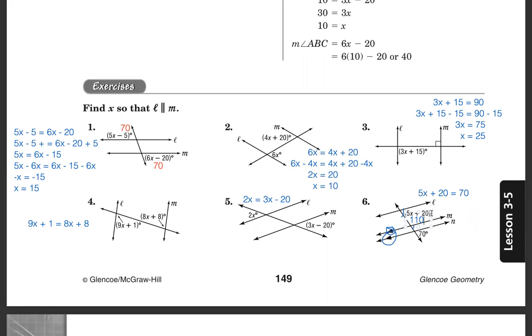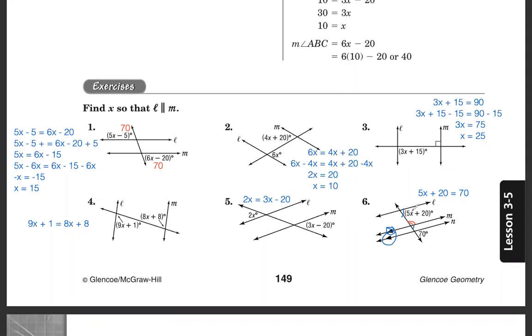That's 110. Let me make it red for the angle that is red. This one. That's 110. The red angle is 110 because the blue is 70. Based on this, it's corresponding to this, so that's 70. So the red is 110.